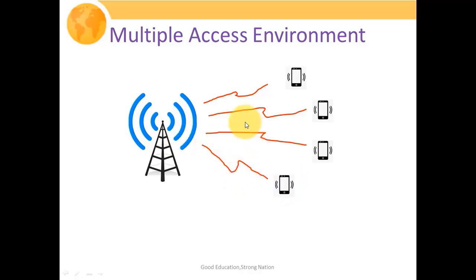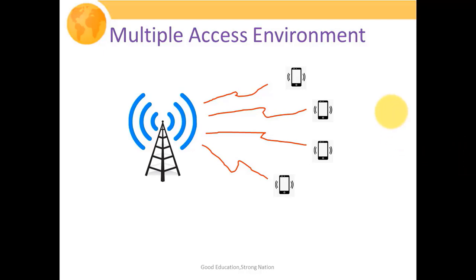These red lines represent links. Through these links our mobile users try to exchange their information with the base station. So we could say that there is a base station and a common environment in which multiple mobile users are competing for their information exchange. They are competing to get the link so that they can transmit their information as well as receive information from the base station.